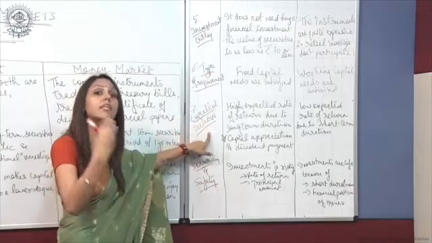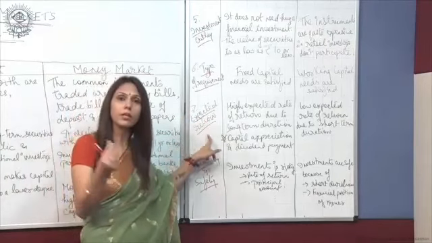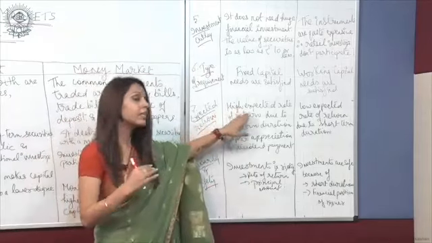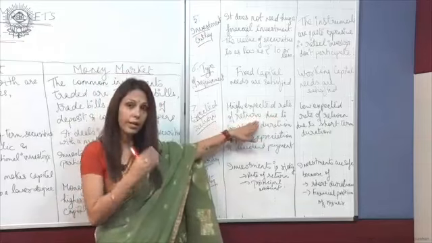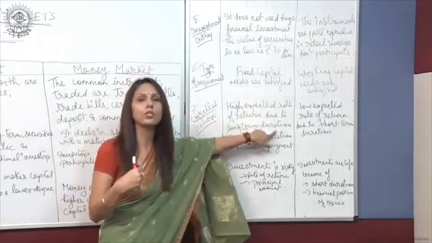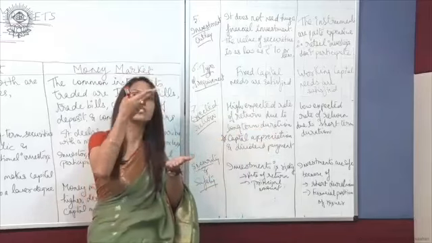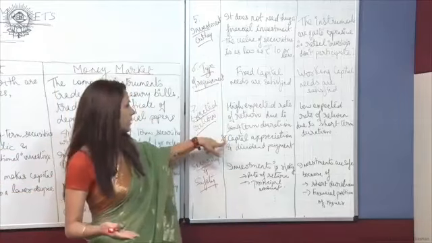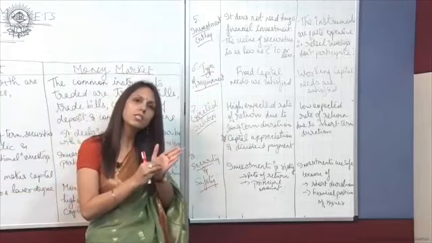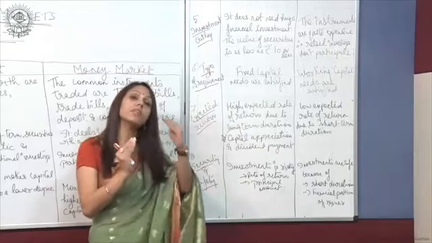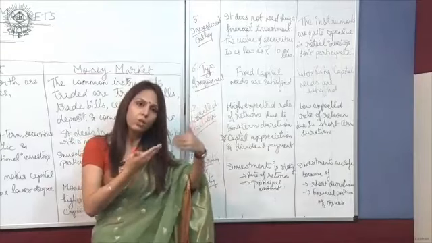What is the expected return or the guarantee of return in the capital market or the money market? There is a high expected rate of return in the capital market due to the long-term duration, meaning the amount is invested for a longer period of time in securities. Therefore there is a chance of capital appreciation, meaning the amount you have invested can appreciate over the long period.